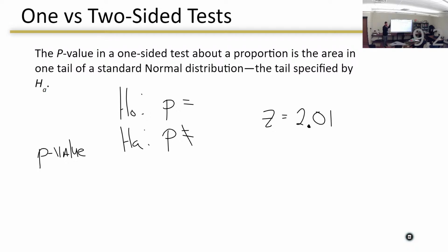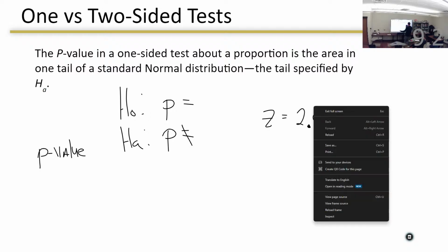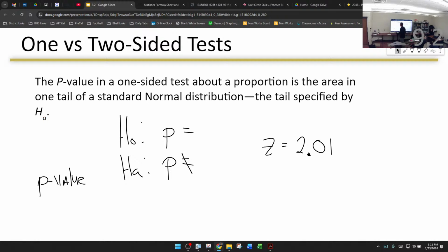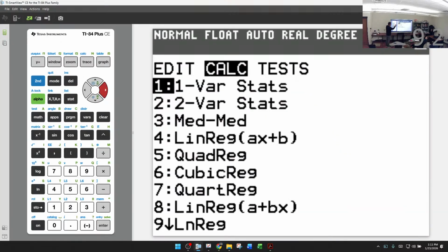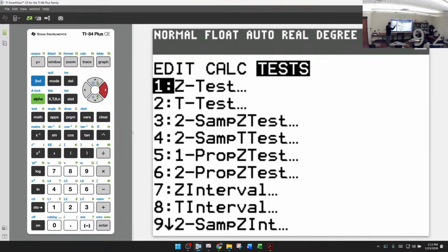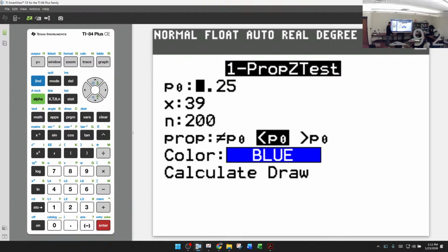Okay? Now, I do want you to understand this, and this got me 2 years ago after emphasizing this so much. On this calculator, guys, if I do stat and I do test and I go down to one prop Z test and I do the not equals to, that will double it for me.